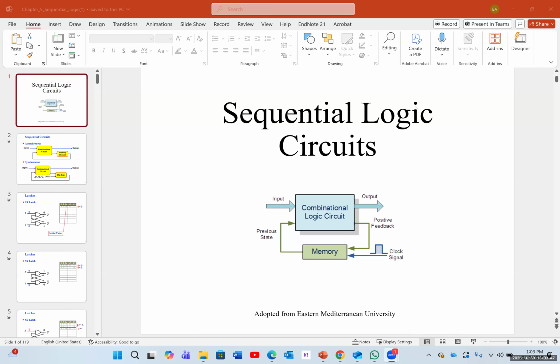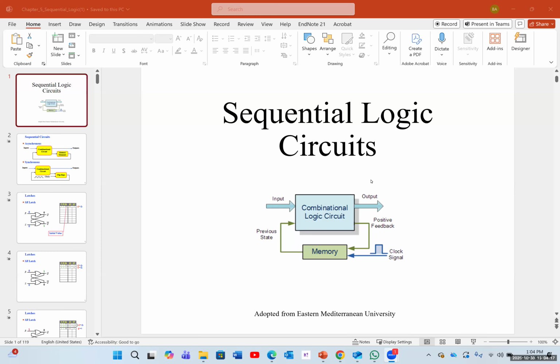Now, we have another type of logic circuits that we call sequential logic circuits. The difference between sequential logic circuits and combinational logic circuits is that sequential logic circuits have a feedback system, meaning we would usually have a positive feedback from the output fed to a memory system and back to the input.